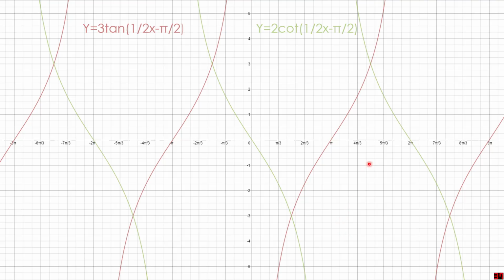Now finally, moving on to the inverse of the cotangent and tangent. This is a mistake, this should be 3. But anyway, we'll be focusing on these two lines here the majority of the time. So this is the line that's given here.